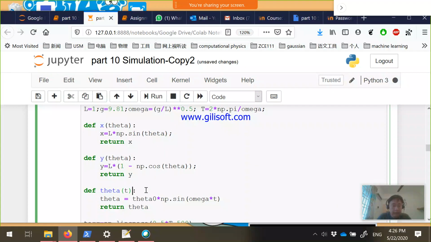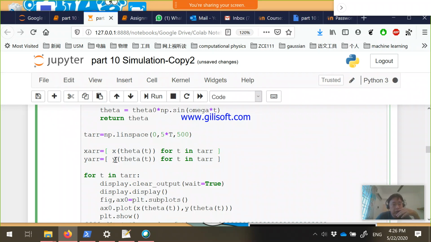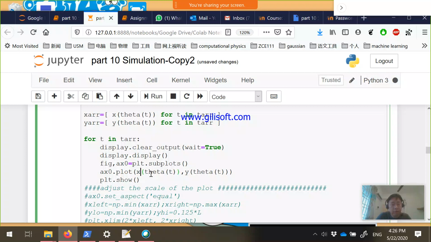So theta is dependent on t and x is dependent on theta. So the x array is generated for different theta, where theta is generated for different t. So in principle, when you want to call the x, you have to call the x as a function of theta, whereas theta has to be a function of t. Okay, so it's sort of like a cascaded dependence.